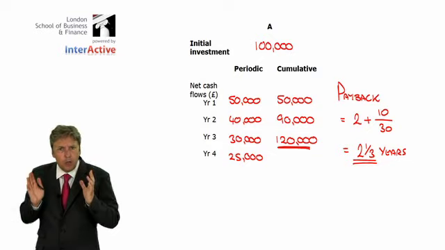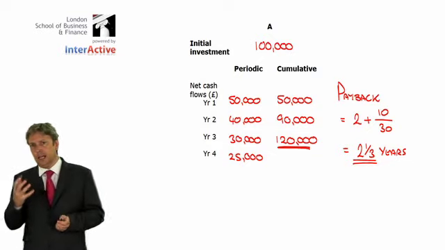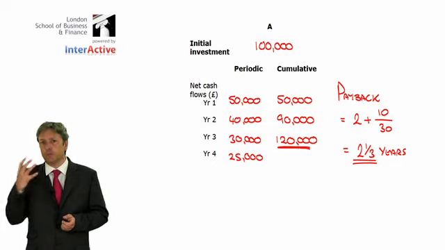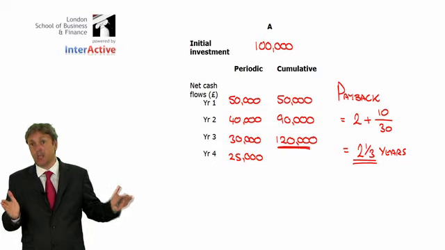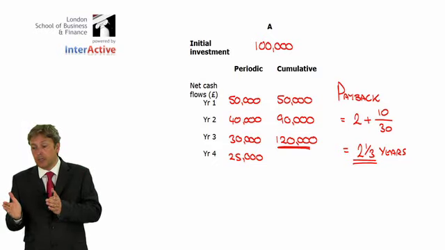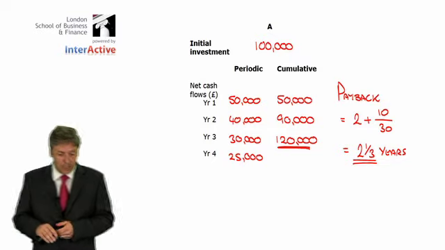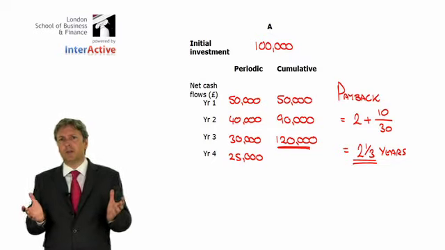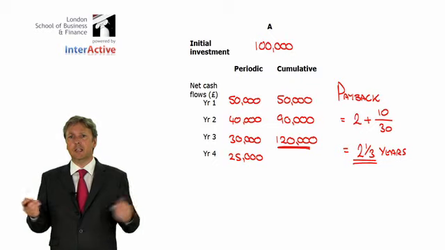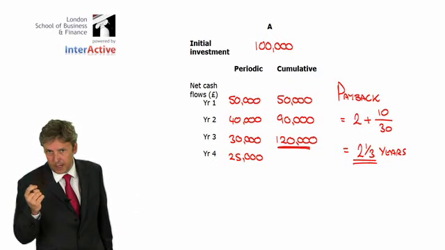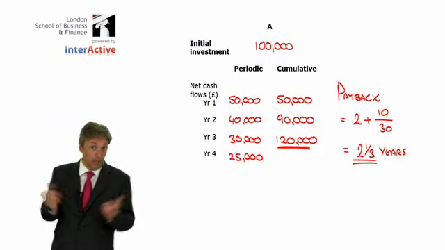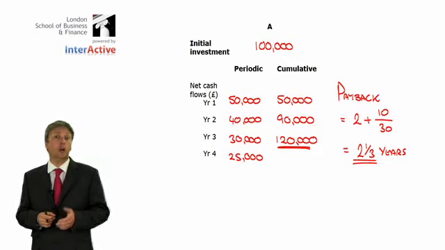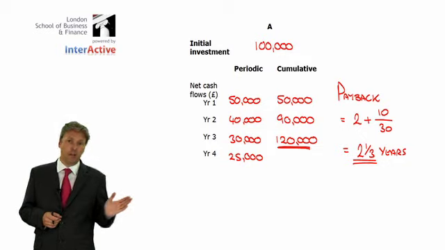So, when we look at payback, its key consideration is one of risk. The longer the payback period, the more risky the project. The shorter the payback period, the less risky the project. What we're seeing here is that with a payback period of 2 1/3 years, if the target payback had been 3 years, we would accept the project. If, however, the target payback were 2 years, we would reject the project.